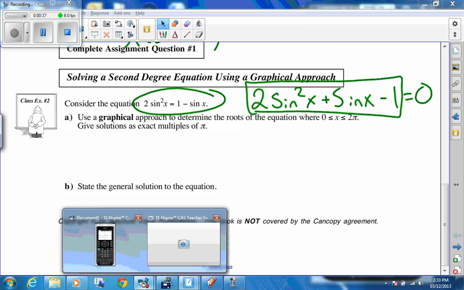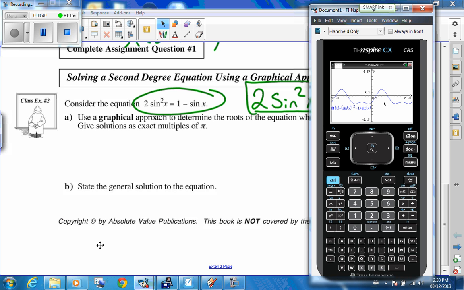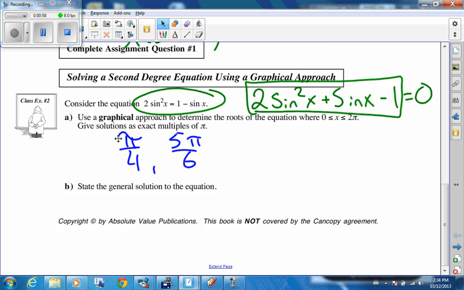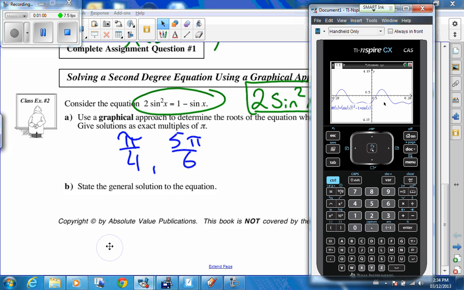Now on my calculator, I've got that graphed out already, and you can see that it equals 0 seemingly at, looks like pi quarters and 1, 2, 3, 4, 5 pi sixths. So it looks like pi quarters and 5 pi sixths are going to be my solutions just looking at the screen, and those are the only solutions between 0 and 2 pi.